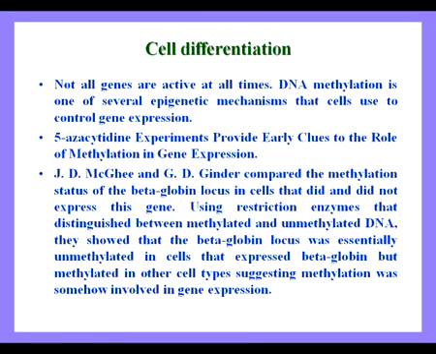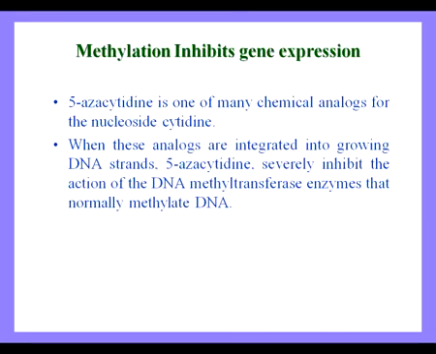This was the observation, and coupled with this was the 5-azacytidine experiment. They utilized the property of 5-azacytidine, which is one of the many chemical analogues of the nucleoside cytidine.